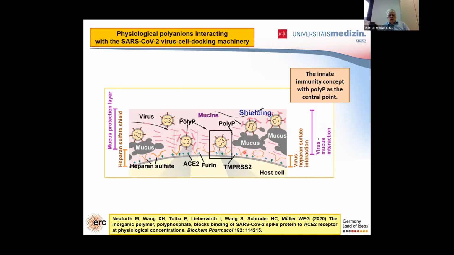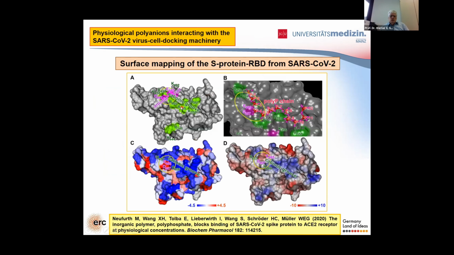So we make it short, we come to these pictures. If we come to the tip of the virus in the receptor-binding domain, the part where the virus is docking onto the cells, we have a so-called cationic groove.